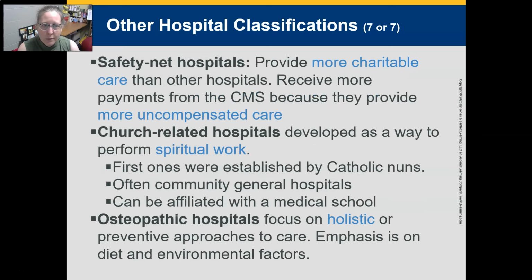We can also classify hospitals as safety net hospitals. These hospitals provide more charitable care than other hospitals. They receive more payments from the CMS because they provide more uncompensated care. One of the hospitals in our area does that.